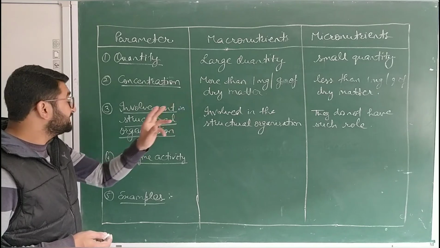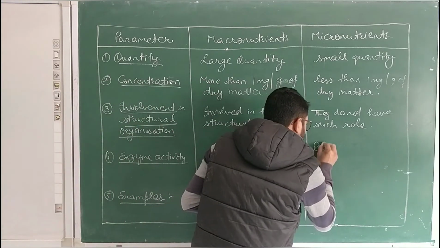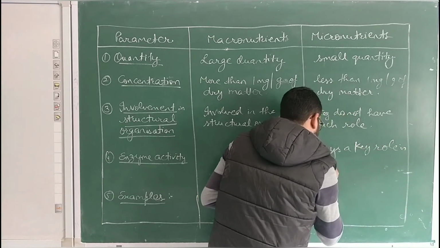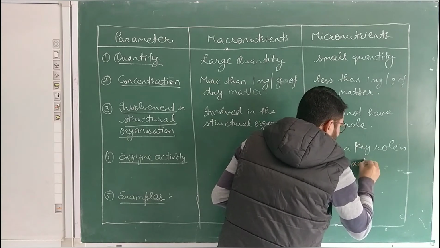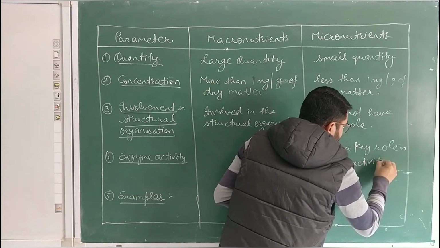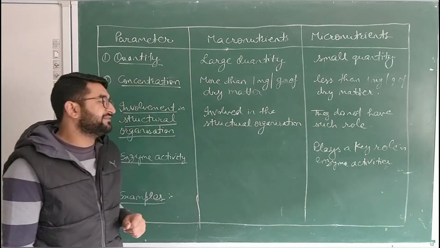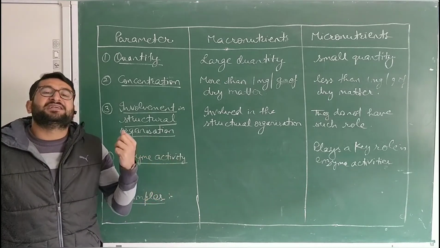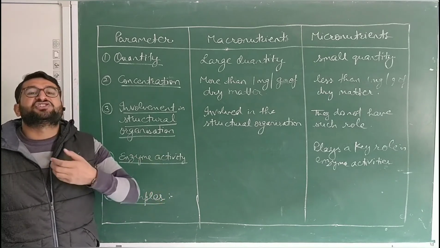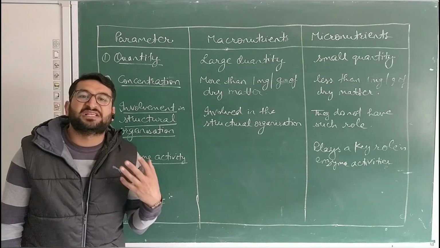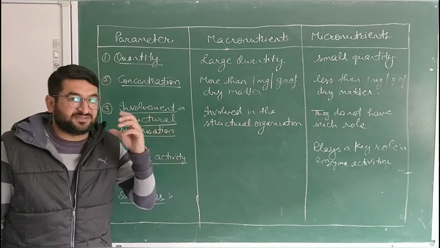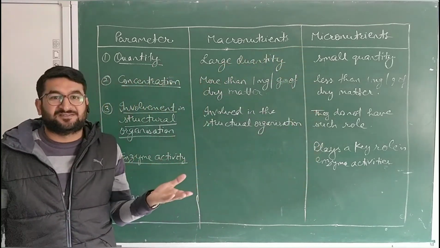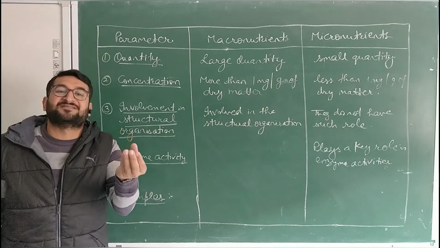Instead of it, they play a very key role in enzyme activity. Why is enzyme activity required? There are various metabolic activities like the electron transport chain for the production of ATP, which occurs in mitochondria. Various processes like glycolysis and various cycles occur in the cytoplasm of the cell, and those require various enzymes, and those enzymes will use micronutrients as catalysts.